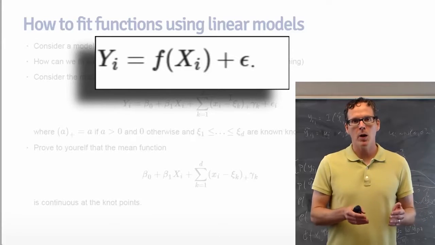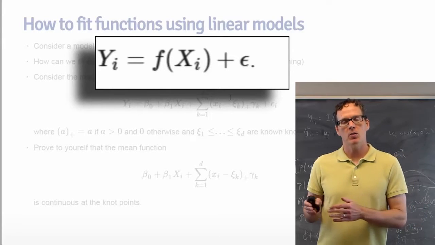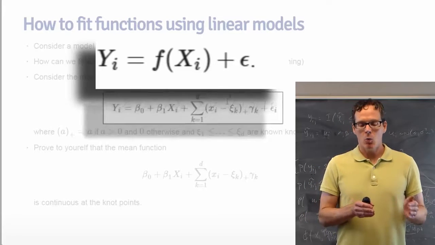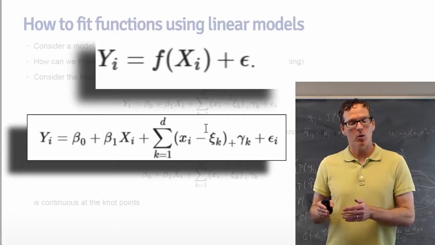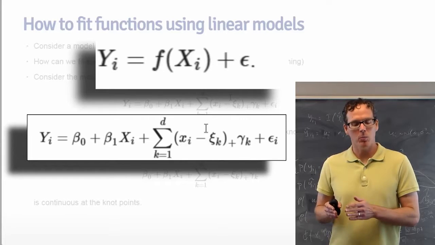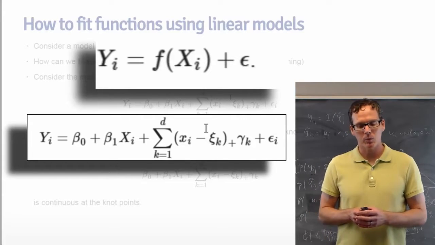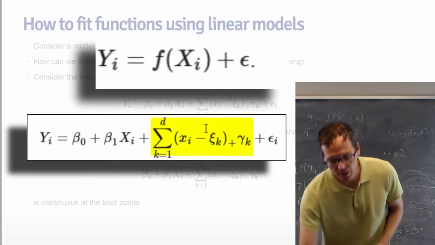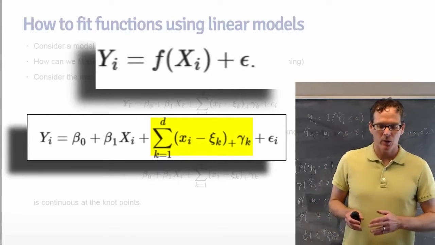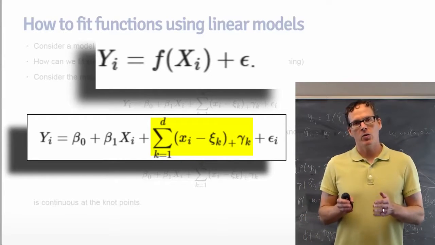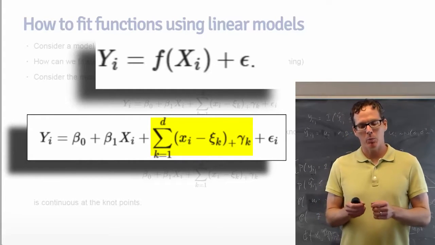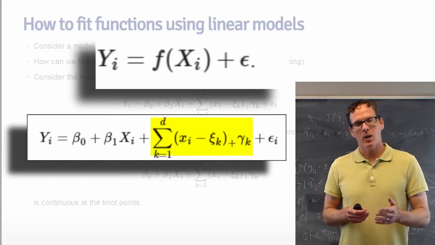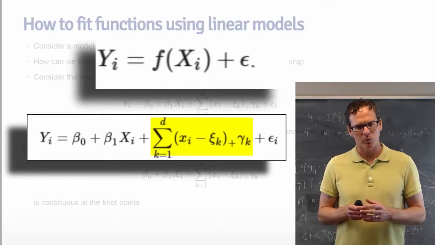Our model for y equals f of x plus epsilon is going to be y equals an intercept, beta naught, plus a regular slope term, beta 1 times x1, plus a sum of terms like x minus a knot point, with a little plus on the bottom, times gamma.